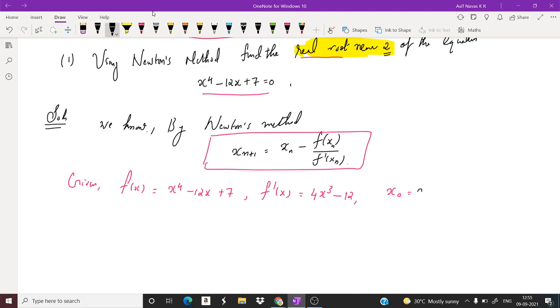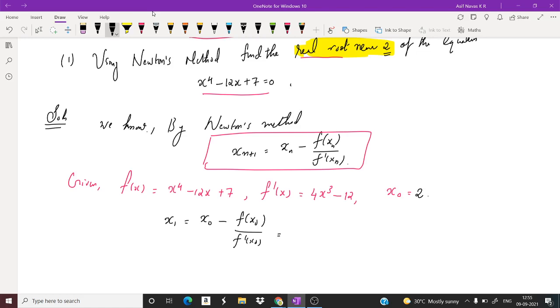So we can take x naught as 2. x naught is equal to 2. So next, first we will find x1. So you do this. x1 is x naught minus f of x naught divided by f dash of x naught.